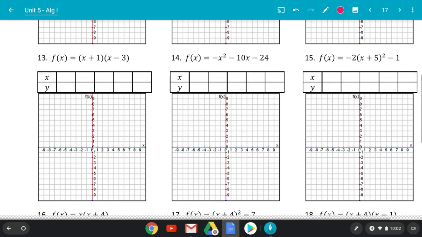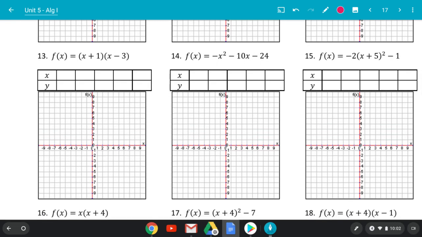Moving on to number 13. It is in intercept form, so my intercepts are -1 and 3. That is -1, 0, and 3, 0. My middle there is going to be 1. So that's where my vertex is going to be. I have to plug that in. 1 plus 1 is 2. 1 minus 3 is -2. 2 times -2 is -4.